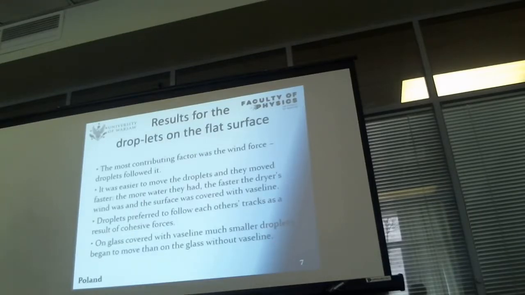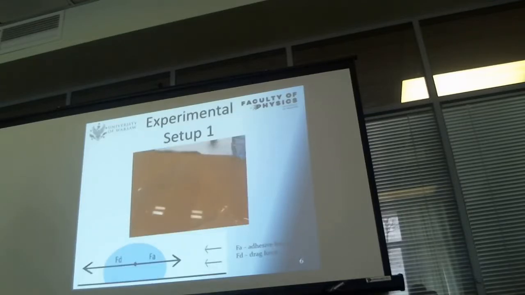Okay, so we had some results, and the most important factor was the wind force. We saw that droplets strictly followed how we were blowing, because we were blowing with a hair dryer. We had two setups, one pure glass and another glass covered with Vaseline, and we also checked two wind speeds of the hair dryer, and we looked at how these droplets move.